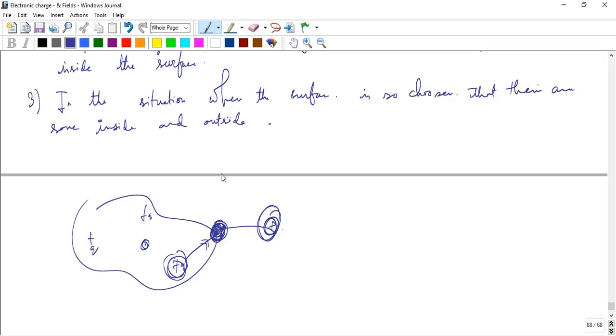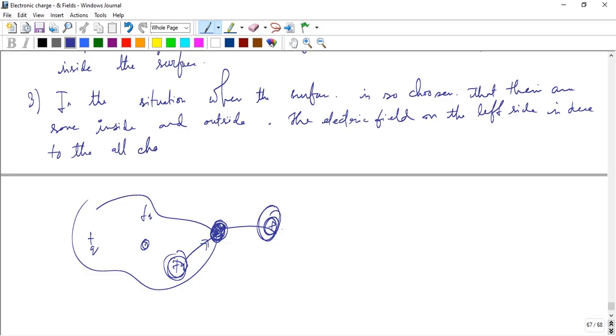The electric field on the left side is due to all charges, both inside and outside.